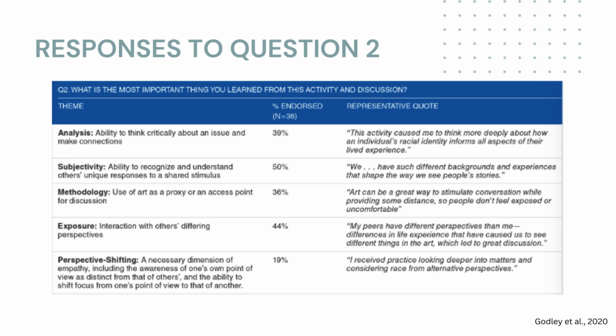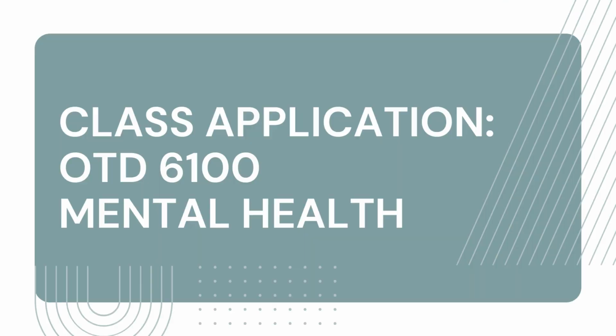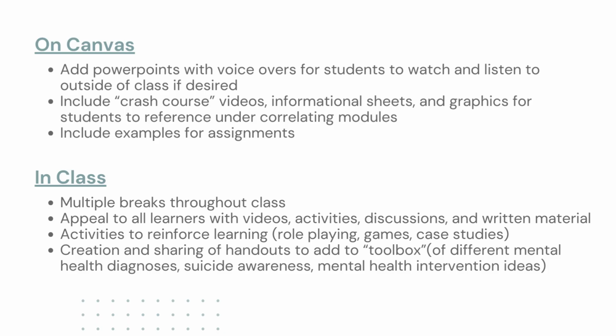It's not their job, like we've talked about before, but the art takes that pressure off a little bit and you can interpret the art and then have those essential conversations through the art, which was very interesting. So I thought that was a cool little study, and it was done right at UNC, so that was close to home.